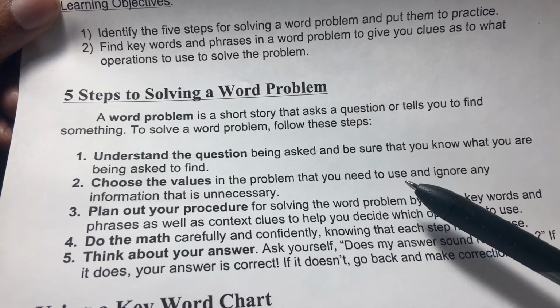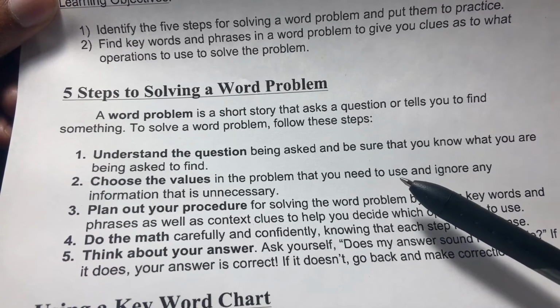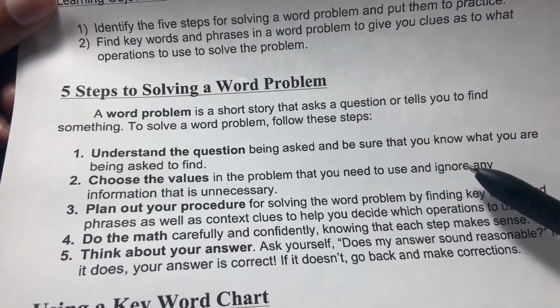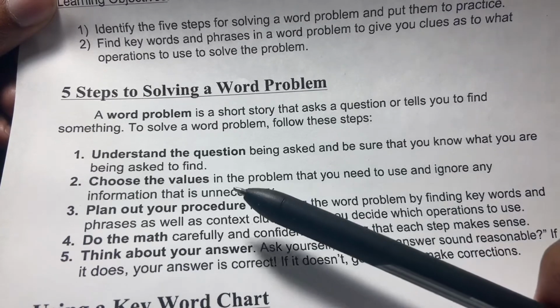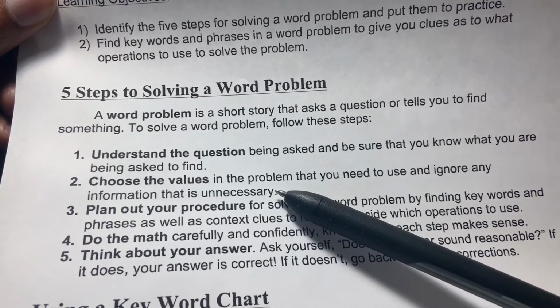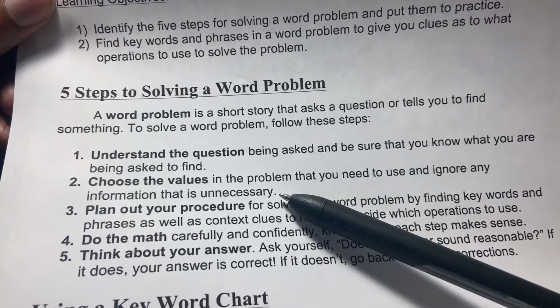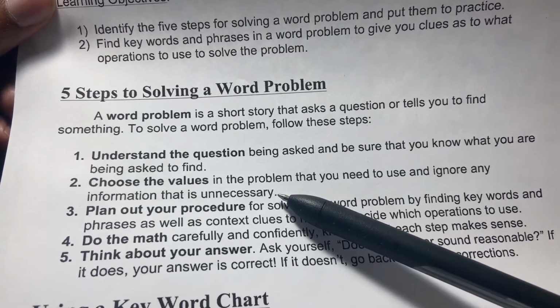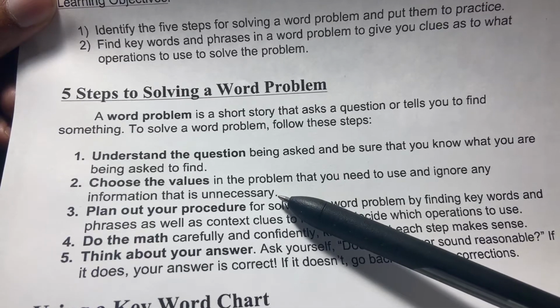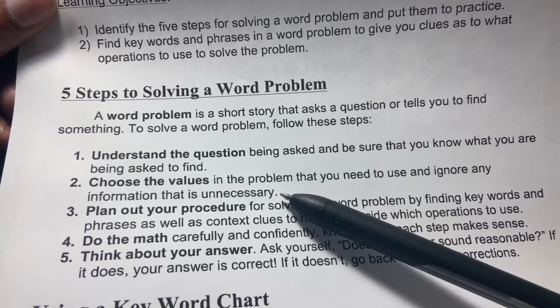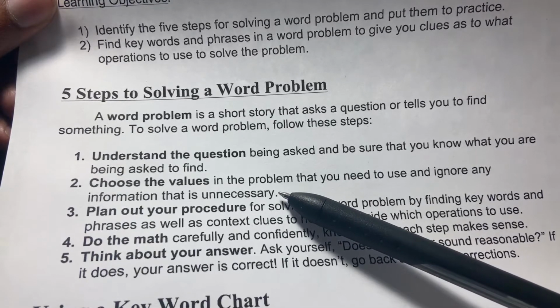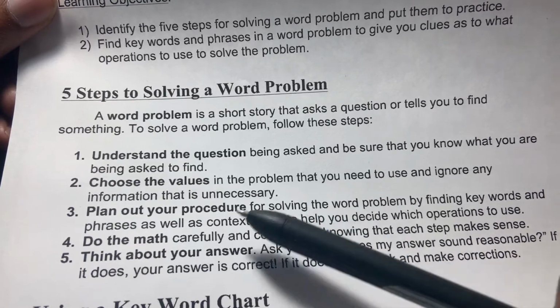Do we know what values we need to use? Yes, we do. And is there any information that we need to ignore in this problem? No, not in this problem, but in future word problems we may have to ignore extra information that's given, because that does happen sometimes, okay? So just be aware of that.